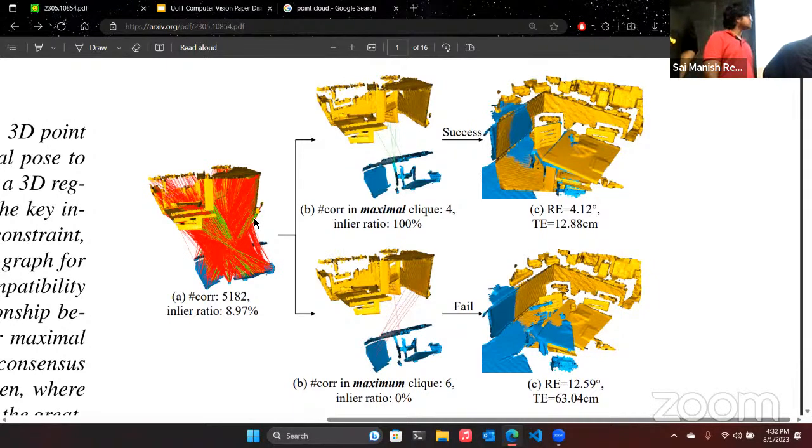In the C part, most of the blue stuff which has to be behind is behind, whereas here it comes up because of the rotational error. The rotation of the blue part is a lot more than it should be, whereas in the success case it matches almost completely. That is why you can only see some of the blue part.